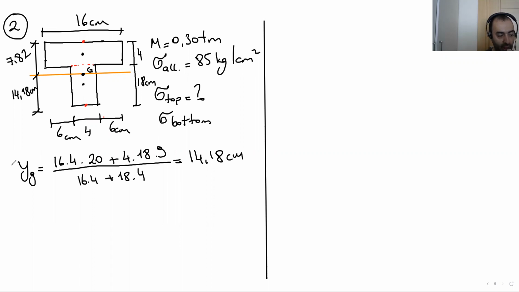What we will do now, we have to calculate the moment of inertia, Ix. I assume that you know the calculation of the moment of inertia well.